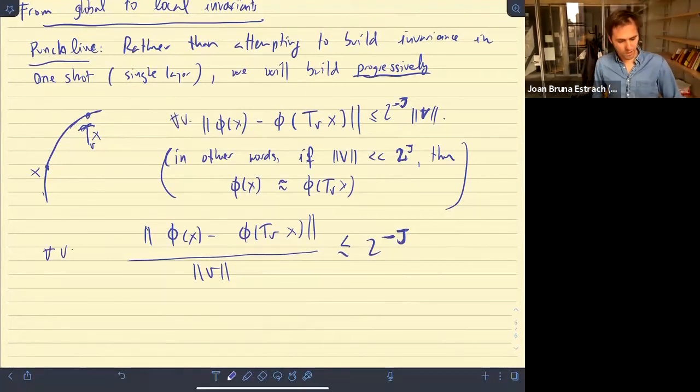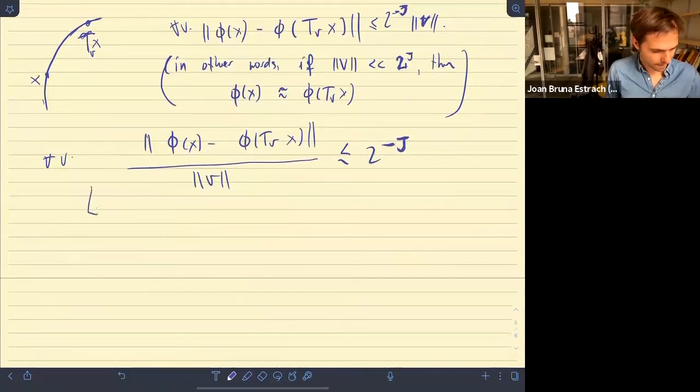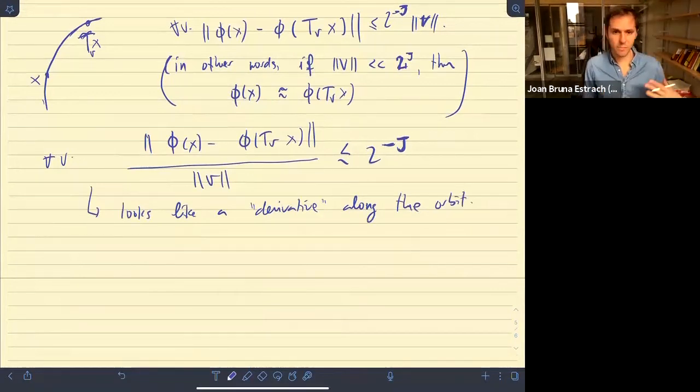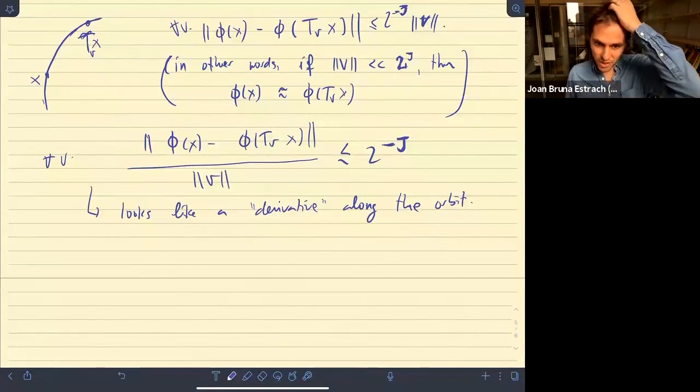So the left-hand side here looks like a derivative along the orbit, right? So basically, I'm just re-expressing the fact that when I move along the orbit, I don't want to have big changes. The derivative has to be small.